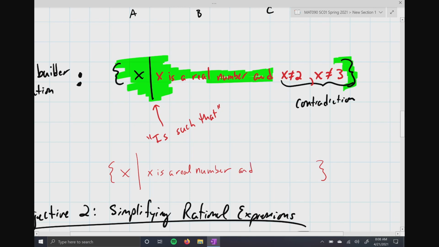Leave a big space, and whatever you got for contradictions will go right there. So every single set builder notation is the same. It's just the contradictions are going to be different. So that's all you have to write. Are there any questions?